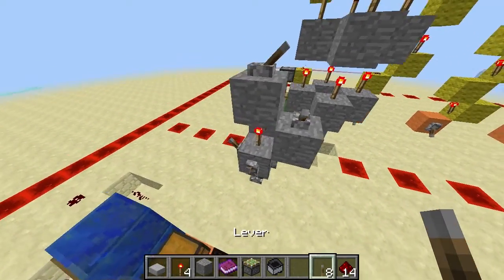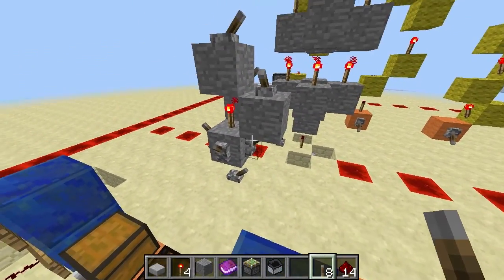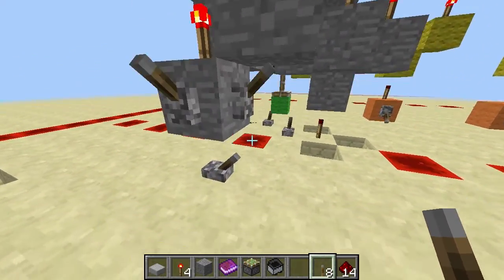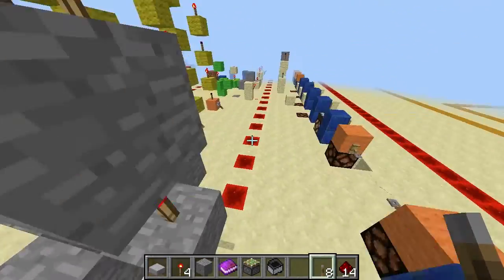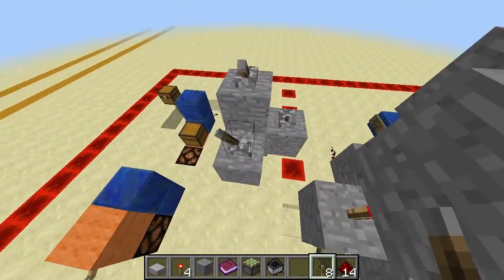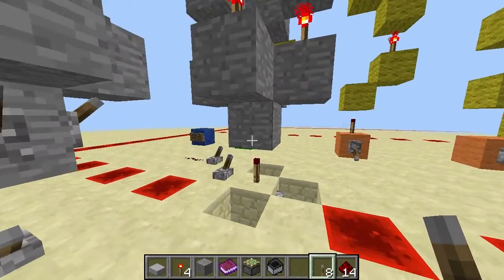Yeah, you see, it doesn't matter what I do here. A torch can only be affected from the sides by a lever, for instance.